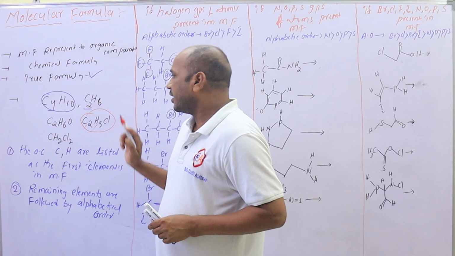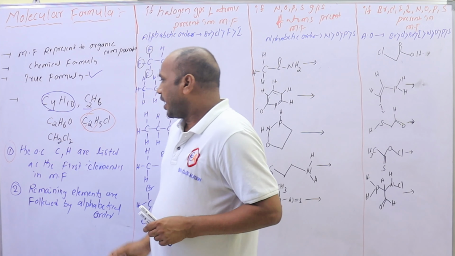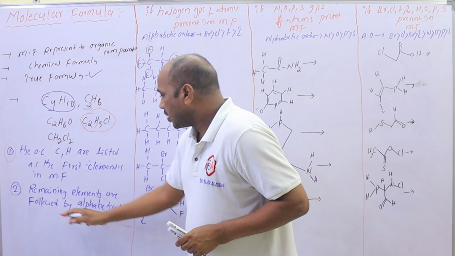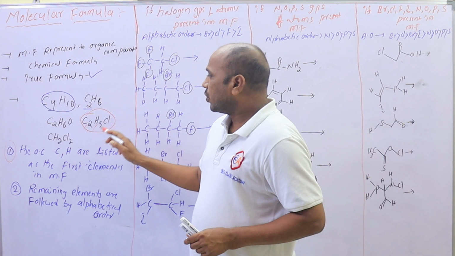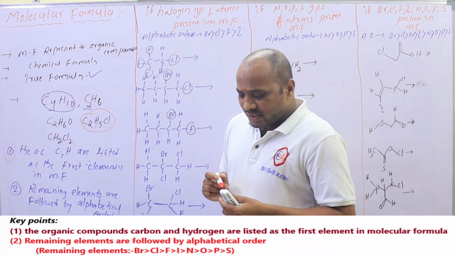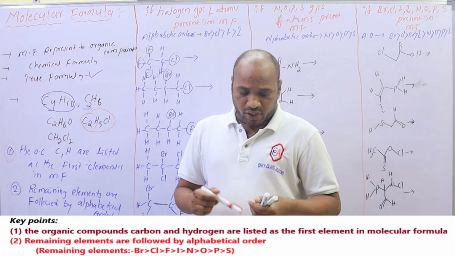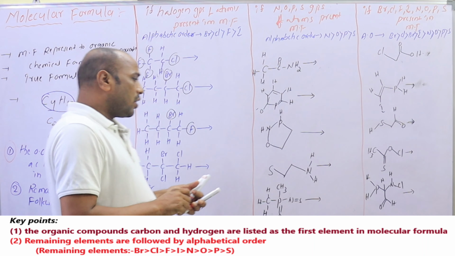Carbon and hydrogen are the first key point, and the remaining elements follow in alphabetical order. What do we mean by remaining elements? Which elements are remaining?